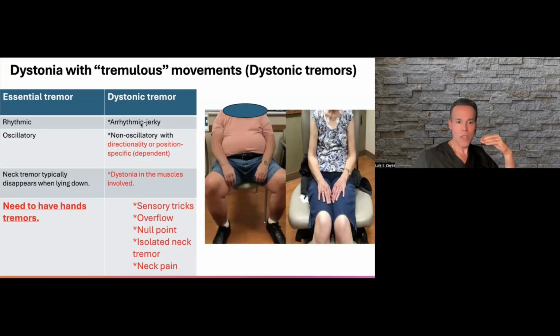Different from dystonic tremor, which has directionality and or is position dependent. Which means that there is a specific position, either supination or pronation, in which the tremor gets worse, as you will see in this guy here. The tremor gets worse during a specific direction.